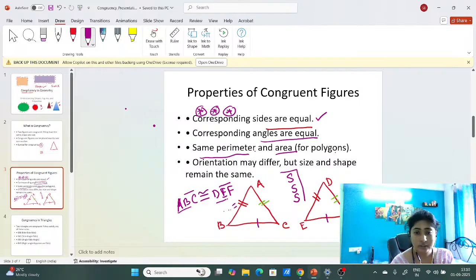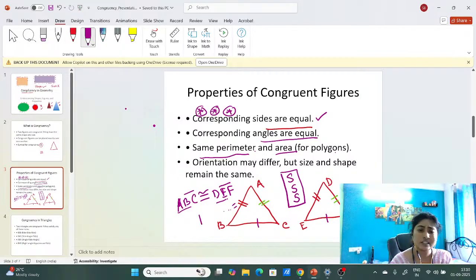So the property is known as SSS property. If we can observe this SSS property between two triangles, we can say that these two triangles are congruent. So if three corresponding sides of two triangles are equal, they will be congruent. Okay, so that is one criteria.